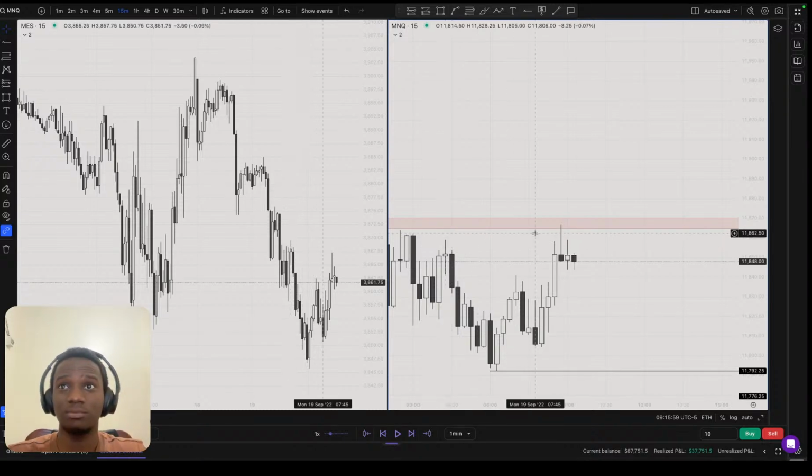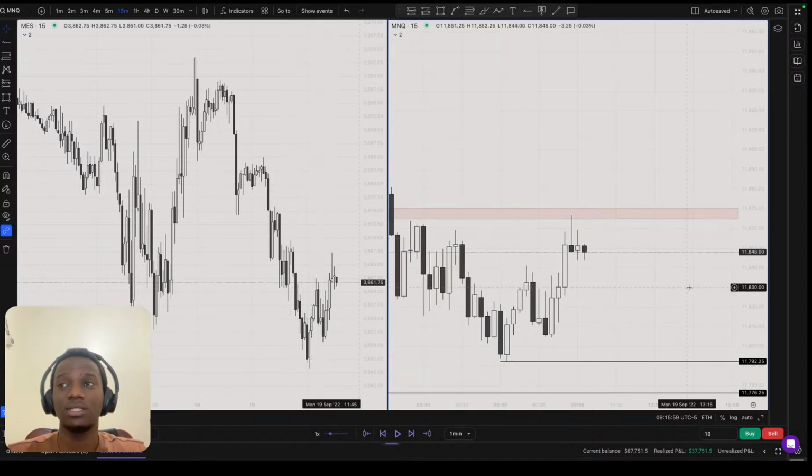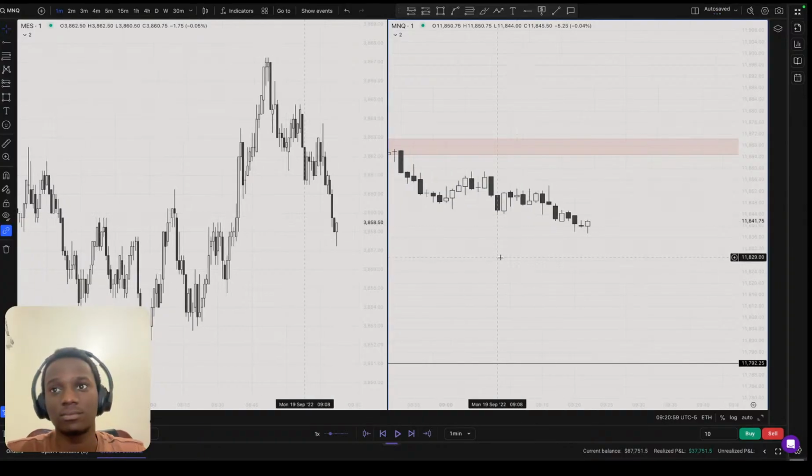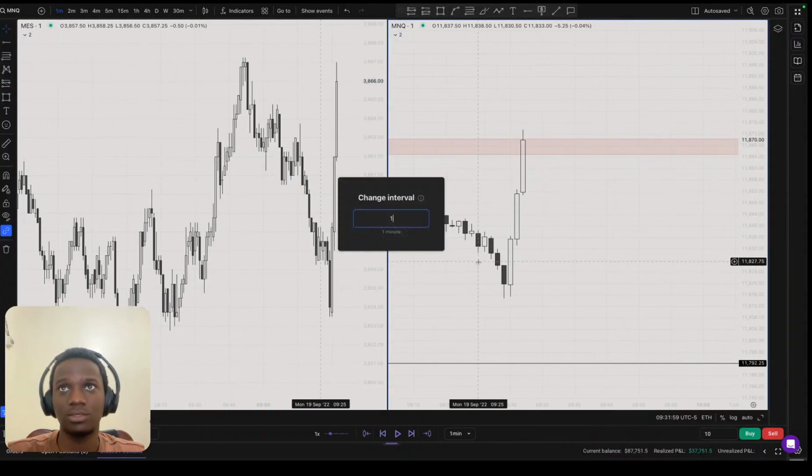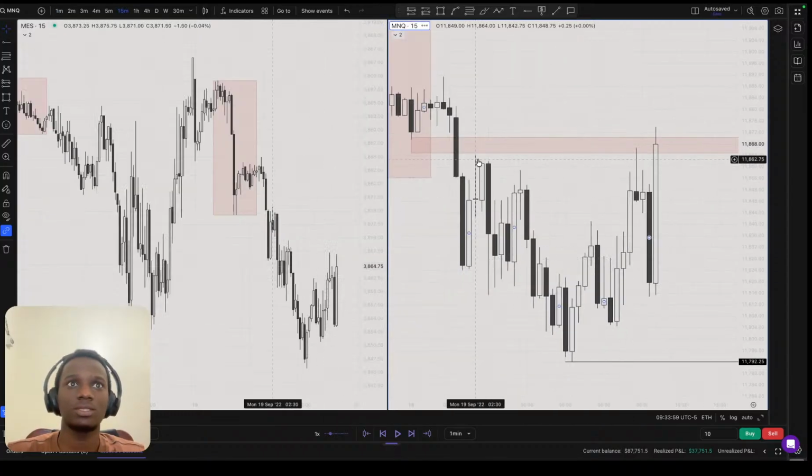We already have an SMT here. So liquidity run checked. Don't know if there's any liquidity run that's about to happen, but you can see it just happens right at the open. Price runs this high here.